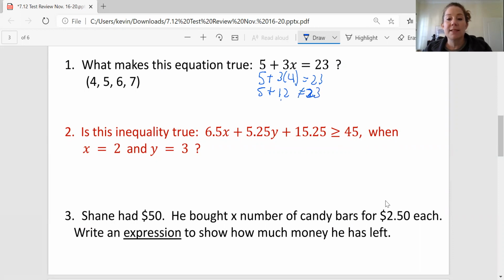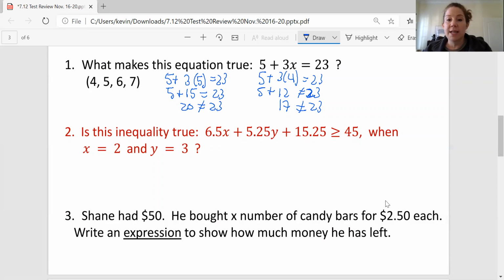Nope, it's 17. 17 does not equal 23. All right, what if we use 5 for x? 5 plus 3 times 5 equals 23. 5 plus 15. Does that equal 23? Nope, that would be 20. 20 does not equal 23.